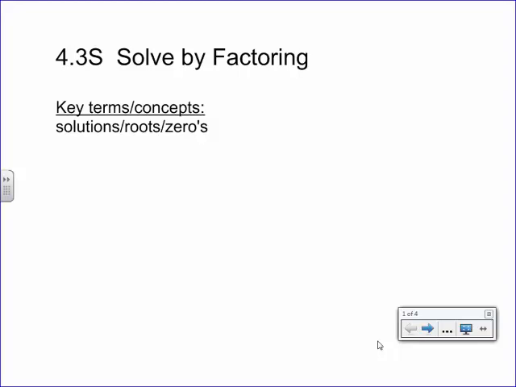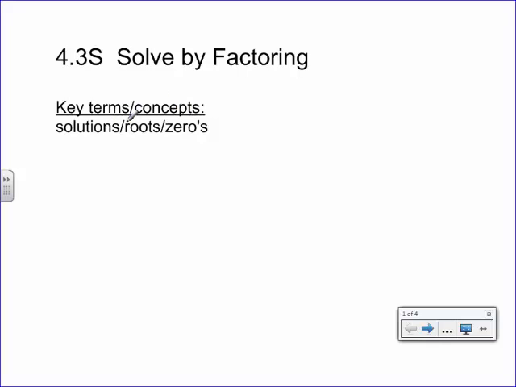Okay, tied in to this section, if you're looking over the book, you probably saw they have something they call solving by factoring. Now, here are some terms that mean the same thing, so you're not confused when you see this. They'll refer to the solutions of a function, or the roots of a function, or the zeros.